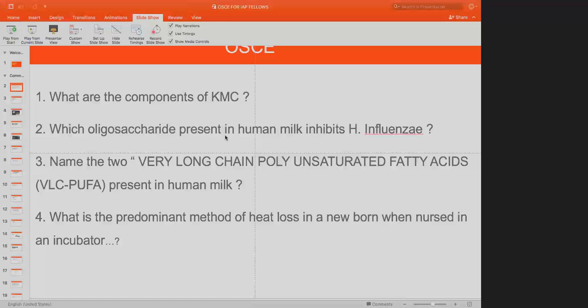Let's discuss these first. I think they have written in the chat box. Few of them have written. Second also, you can answer.